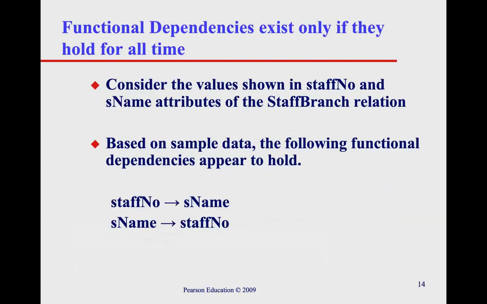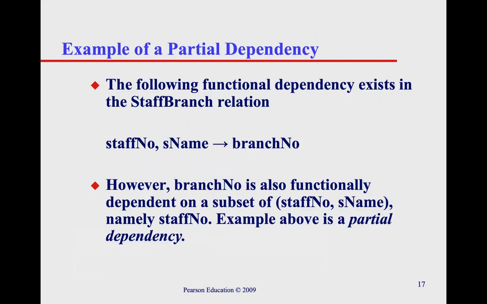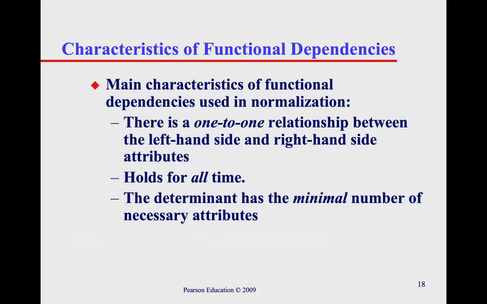Okay, so there were a few requirements for functional dependencies. They had to be one-to-one, meaning that for each unique value on the left-hand side, there's a unique value for that attribute on the right-hand side. It has to hold for all time, not just in the sample data and not with 99.99% probability.